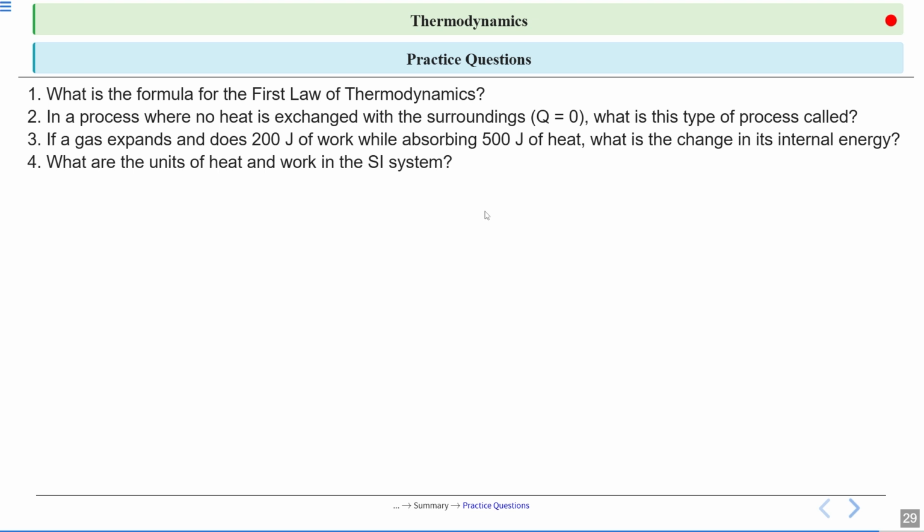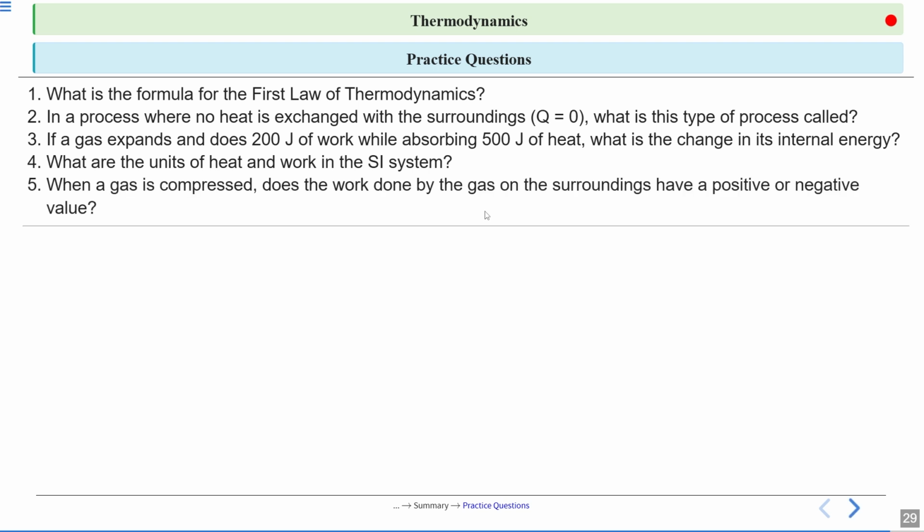Heat and work both are energy. So the SI unit of heat is joule, and the SI unit of work is joule. Fifth, when a gas is compressed, does the work done by the gas on the surroundings have a positive or negative value? Here you have to find out the sign of the work done, positive or negative. So these 5 questions are homework for you.